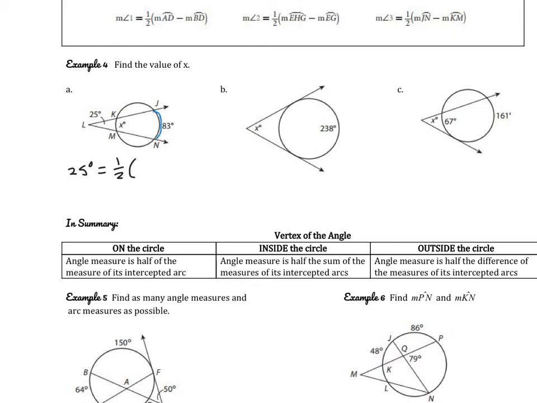So I'm going to do 83 minus x. And then I'm going to multiply both sides by 2. And then here, if we subtract 83 from both sides and then divide by -1, we get x equals 33 degrees.